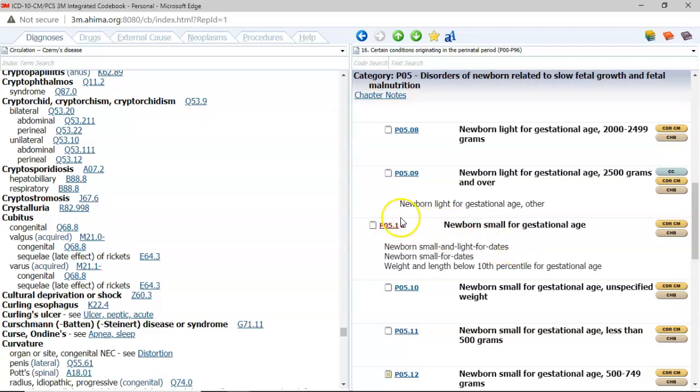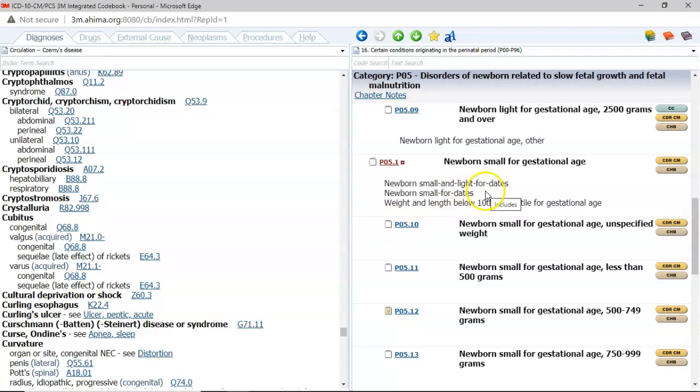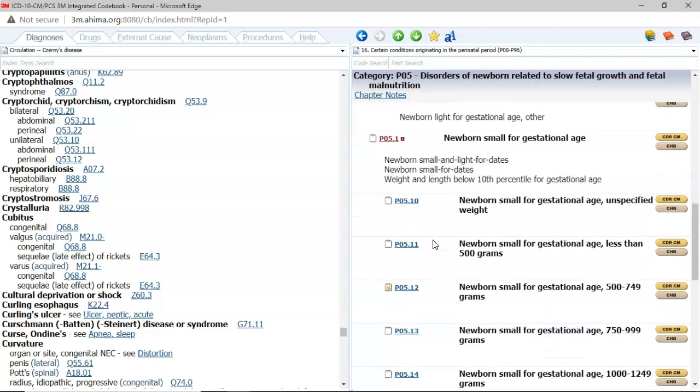Now, if we look at P05.1, this is small for gestational age, newborn small and light for dates, newborn small for dates, weight and length below 10th percentile for gestational age.